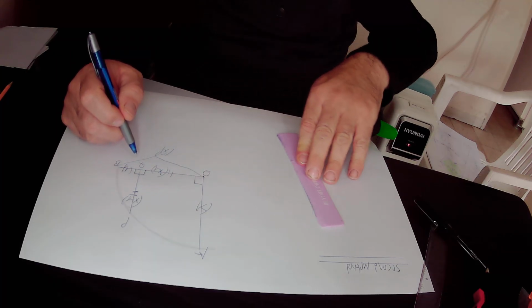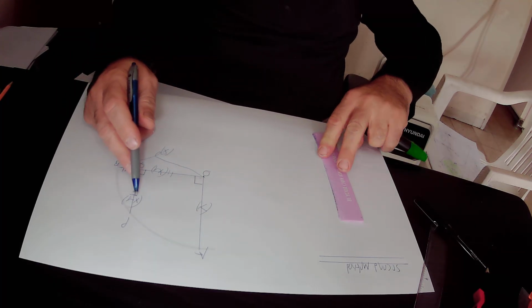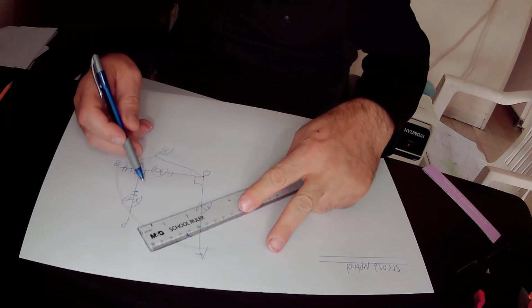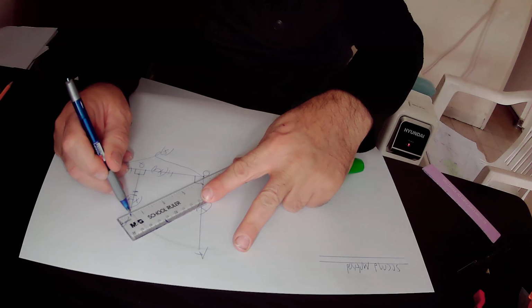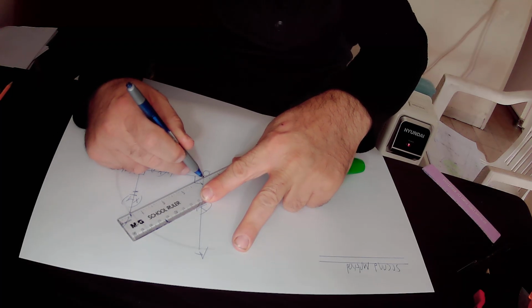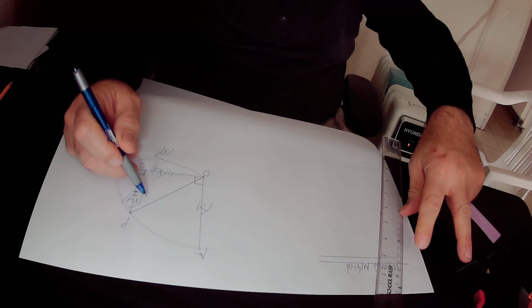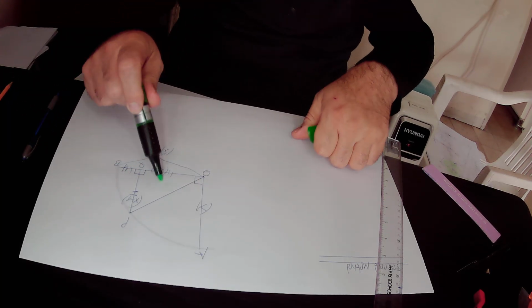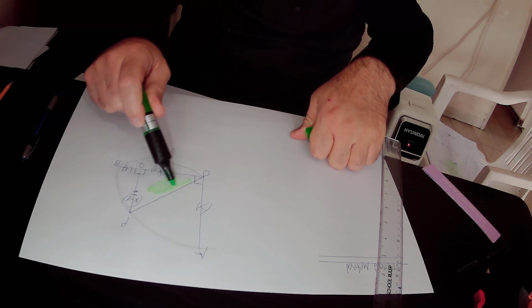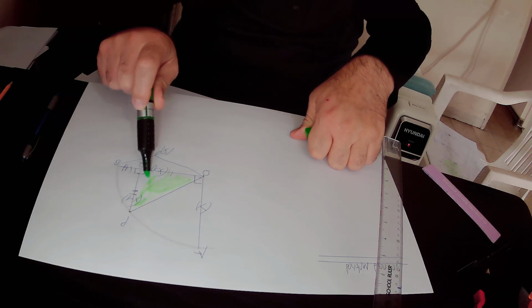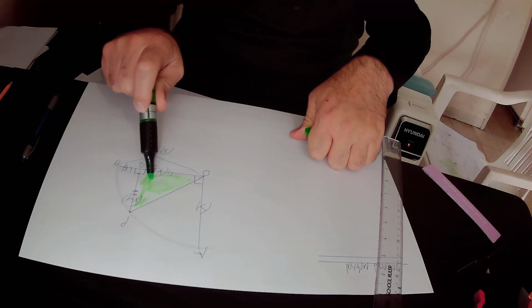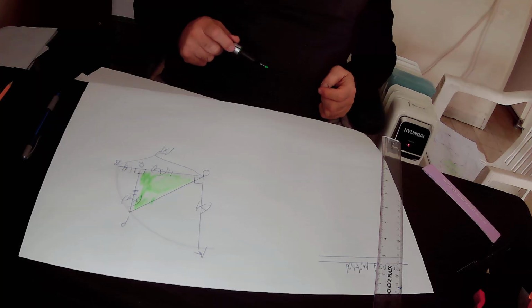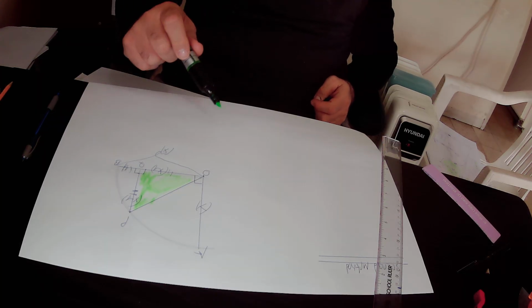In the next step, we will join points O and P together by a straight line. By joining points O and P, we get the right green triangle OPQ.